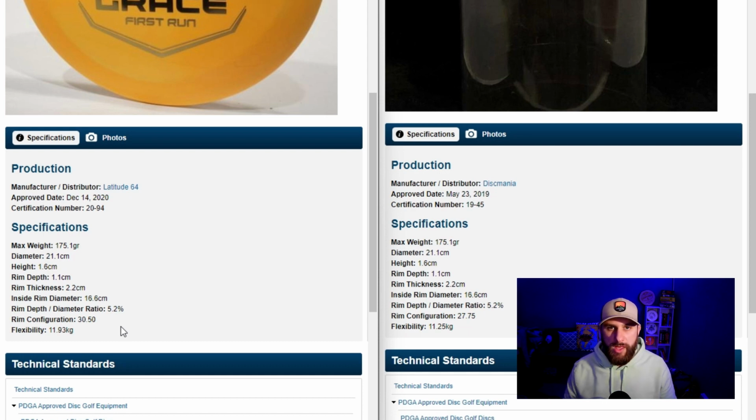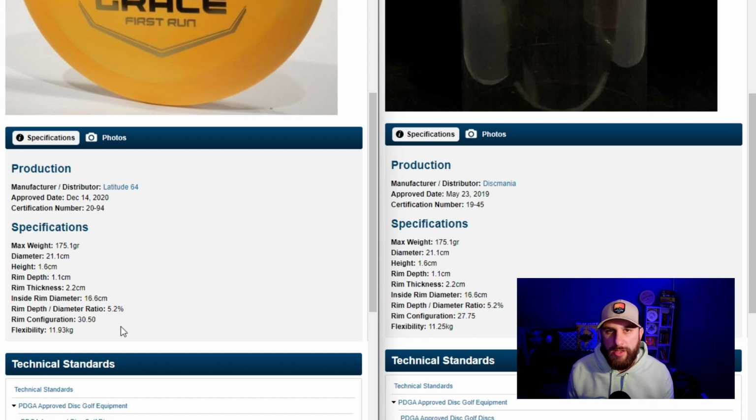The one thing I will say, though, is that you can't just say, oh, the Enigma's faster, it'll go further, it'll fly exactly the same. Not true. Everything is super sensitive when it comes to changing a disc, even down to the millimeter or 0.1 of a centimeter. And same with the rim configuration, the sharpness.